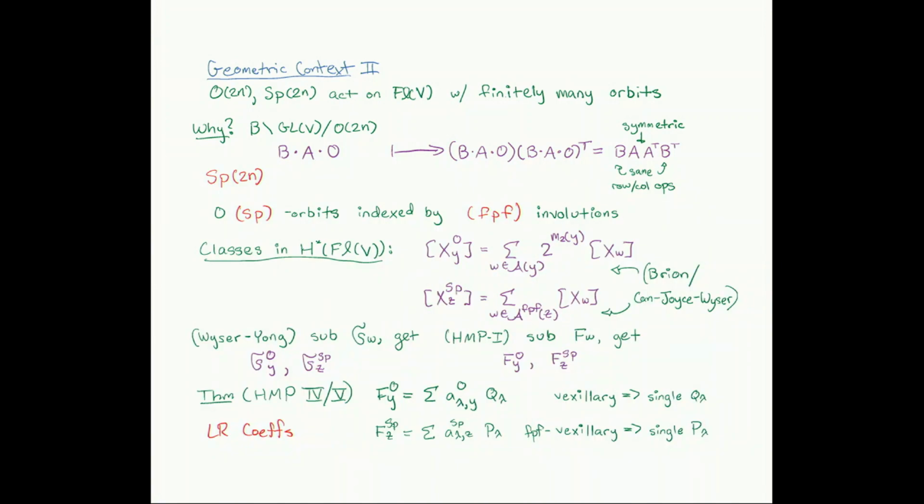And when I do that, if I think about GLV and take something in here, I can think of this as A times O. And then I'm going to construct this map into GLV, and I'm going to take this to AO transpose.